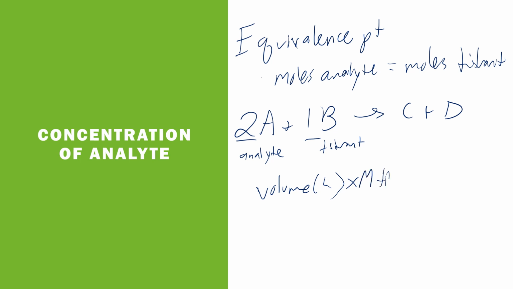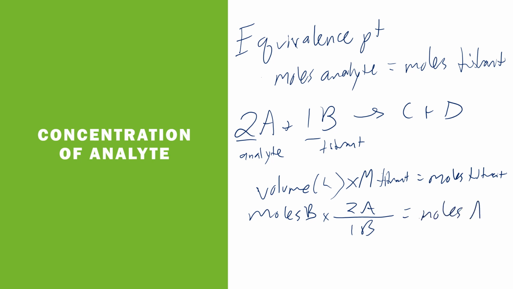So all of this is for the titrant. That will give you the moles of the titrant. And then you would do a mole ratio, moles of the titrant. Well, I'll just use B, moles of B. There's 1 B for every 2 A in the reaction. So you'll have twice as many moles of A at equivalence point.